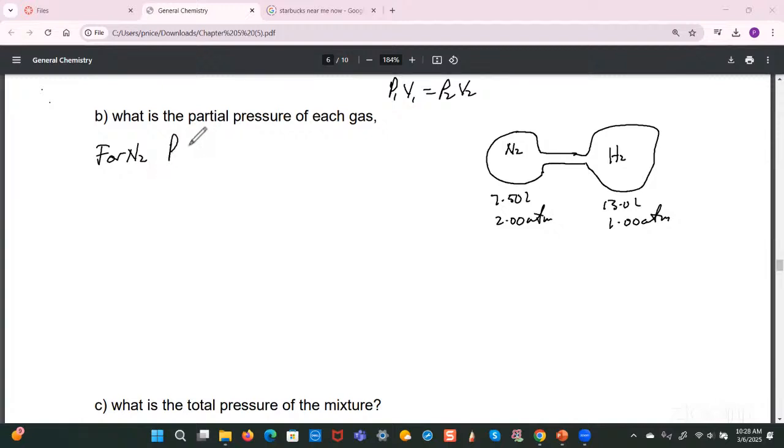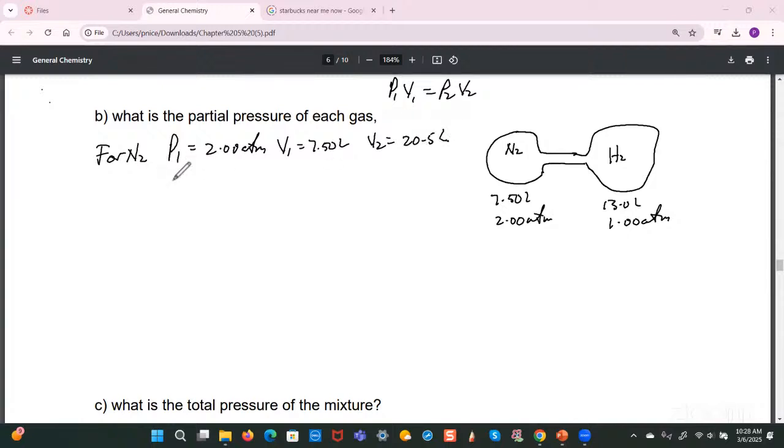What is P1 for nitrogen? What's the initial pressure for nitrogen? 2.00 atmospheres, okay? And what would be the initial volume of nitrogen? 7.50 liters, right? What would be the final volume of nitrogen? 20.5 liters, all right?